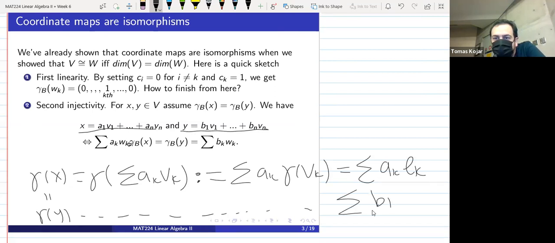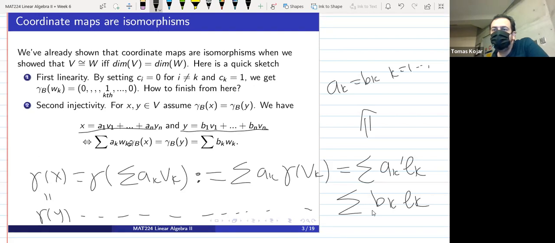So you have bk ek. But the ek are a linearly independent basis. So you get ak equal to bk for k from 1 to n, which gives you that x is y. All right.